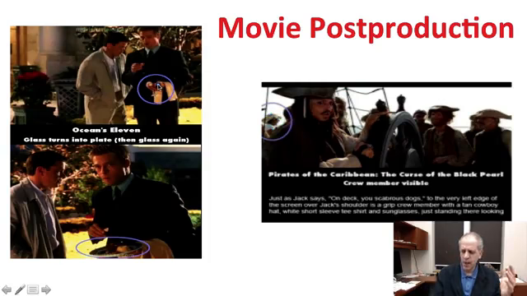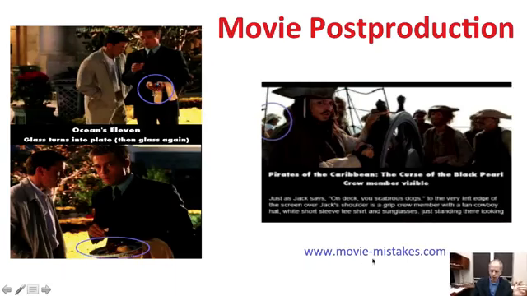There are mistakes in almost all the movies, and there's a website that shows them. And if after that you go and see the DVD or different versions of the movie, these mistakes were repaired. And how were they repaired? With something called image and video inpainting. And we're going to learn about that.